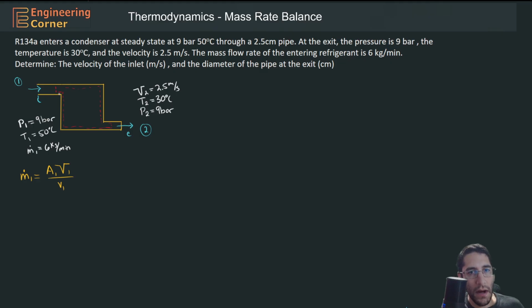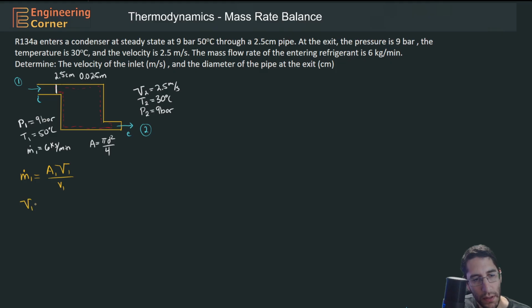Now, these are pipes, and so the area of a pipe is going to be equal to pi d squared over 4. Well, we know, I didn't write this down, but we know that this diameter is 2.5 centimeters, or 0.025 meters. We're looking for my velocity, we have my mass flow rate, and we just need to figure out my specific volume.